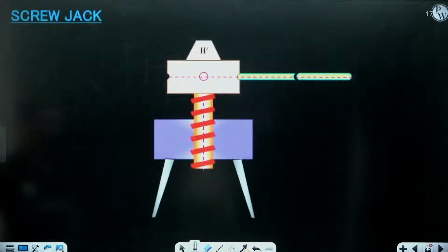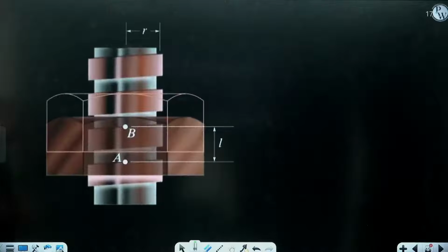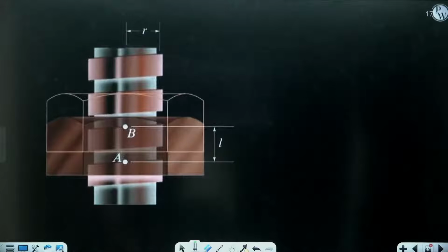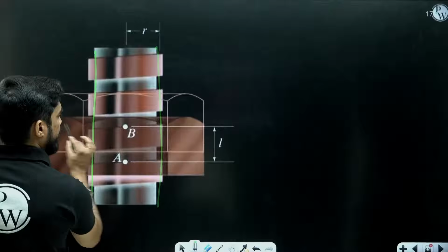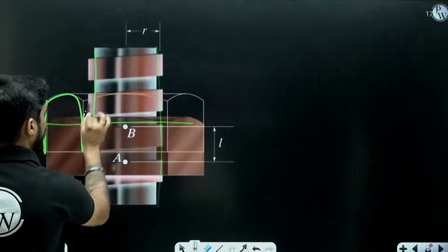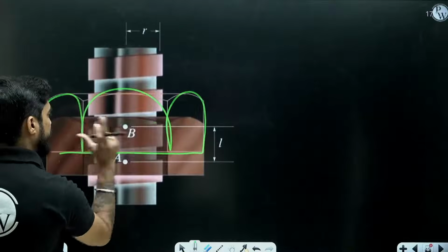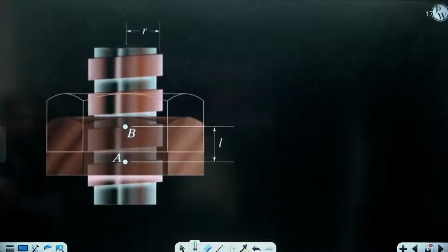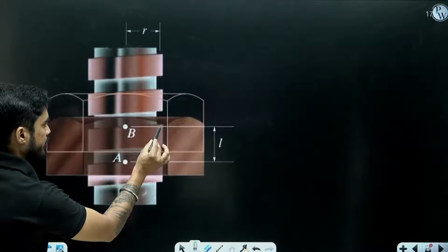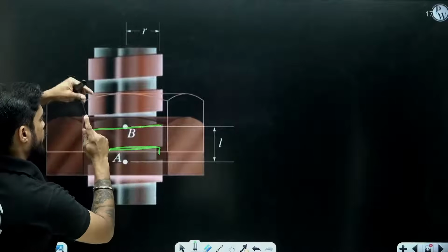Okay. Now understand how we are going to find that. Look here. This is the screw and this is the nut. Can you see? This is your nut. The screw is rotating inside the nut. Now consider one thread. You can see this is one thread. It is rotated like this.